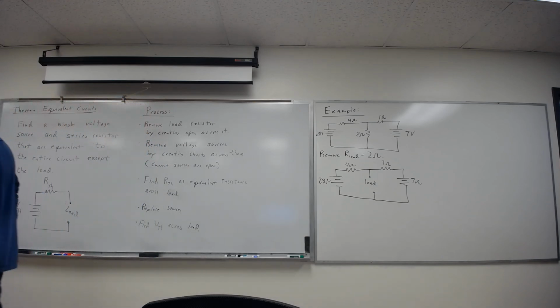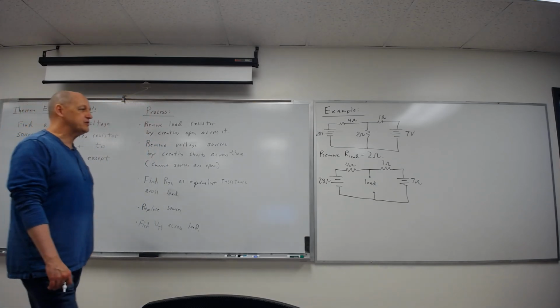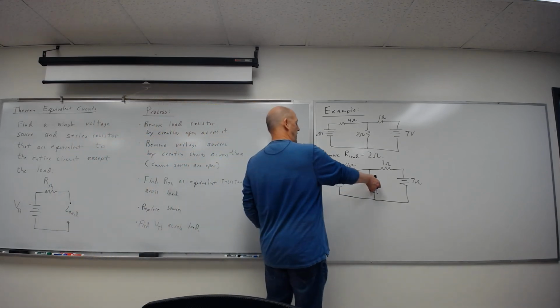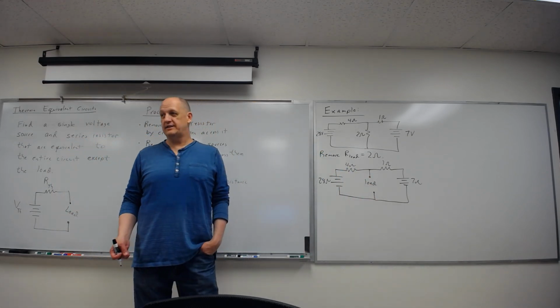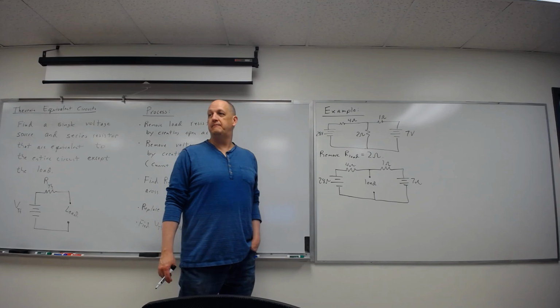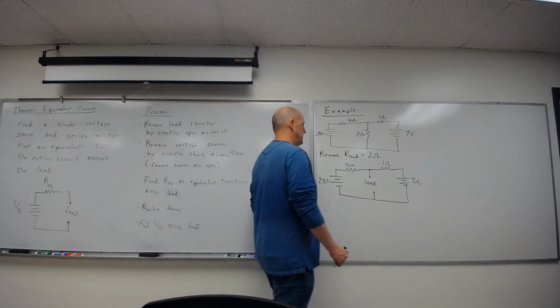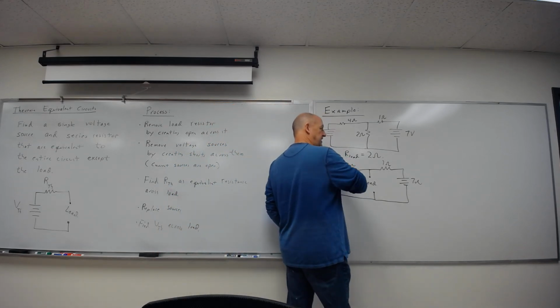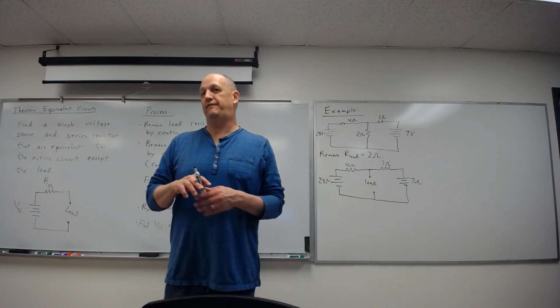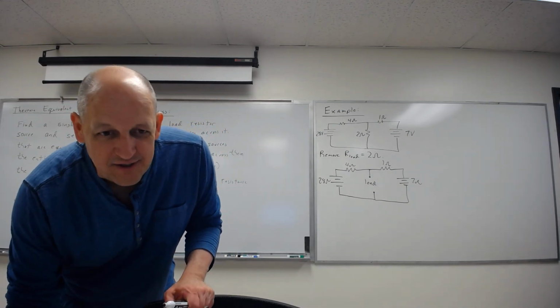Now what do I do? Well, I had 2 choices. I need to find the voltage across here, and I need to find the resistance across here. So what I'm going to do, like I said, is do these in the opposite order. I'm going to go find the voltage first.